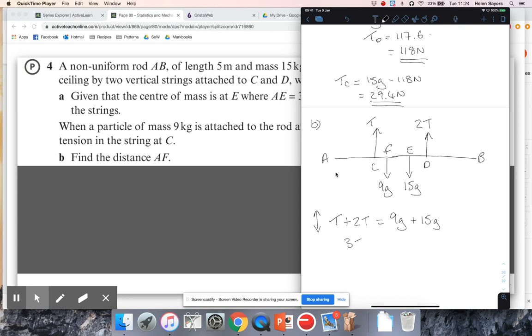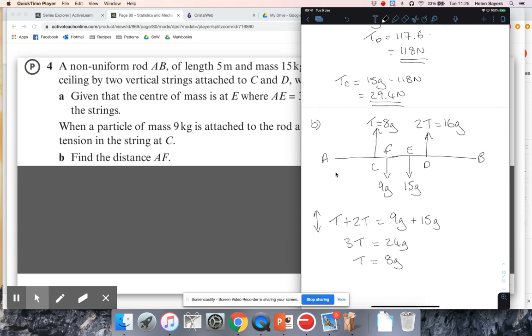So 3T is 24G, so T is 8G. Okay, so that's going to be worth some marks. It's just a lot easier than taking moments. So the tension at C is 8G, and the tension at D is twice that, so 16G.